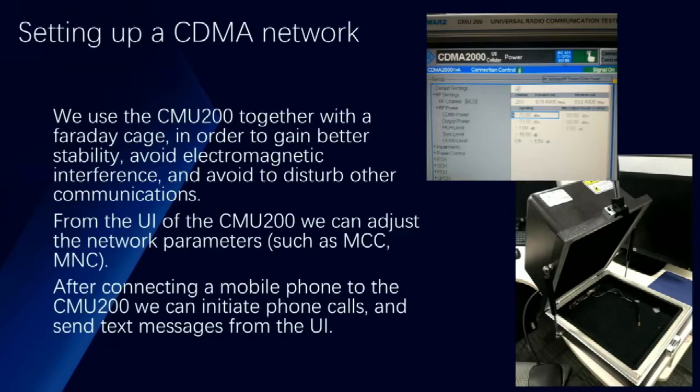Using this machine's user interface, we can adjust network parameters such as the country code, the network code, and even the channel numbers. After connecting a mobile phone to this machine, it joins the network the machine creates. We can make phone calls and even send text messages from the interface.